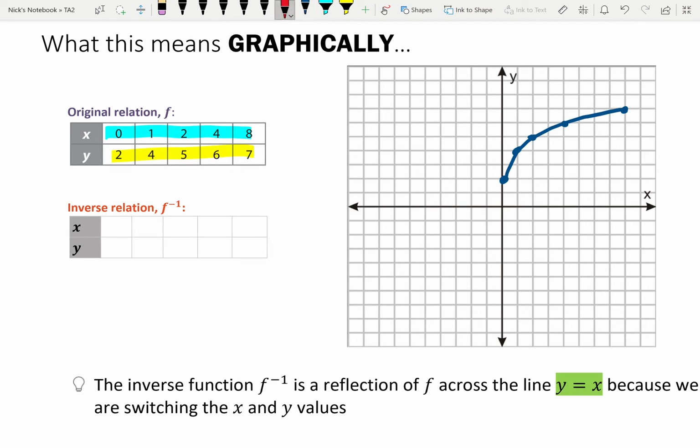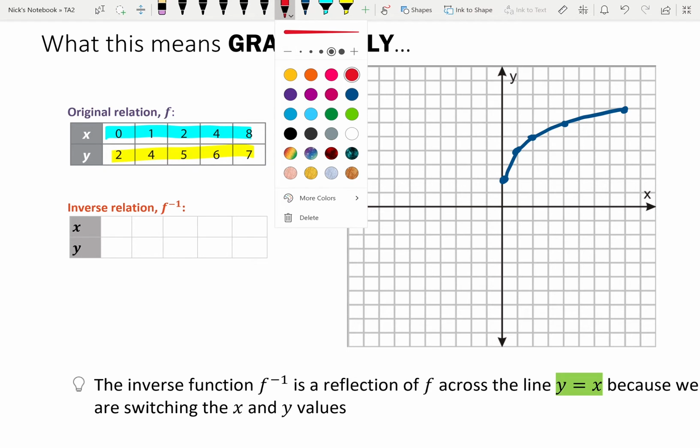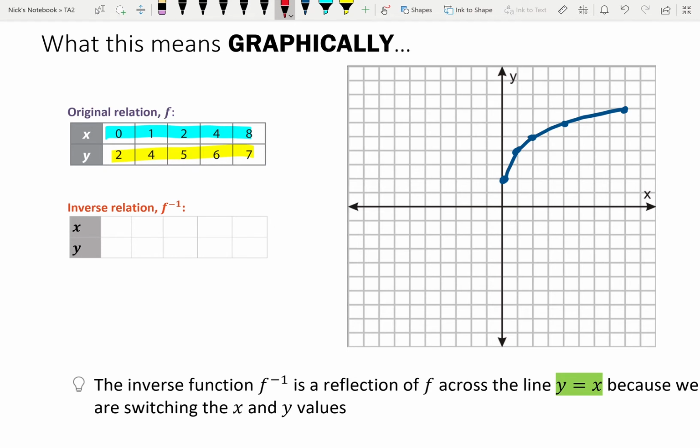All right, and we can do the same thing now with the inverse relation. However, if we know that the inverse simply switches the x's and the y's, then let's go ahead and switch them now. So we're going to make our x's the y's. So you're just kind of flipping them, okay?